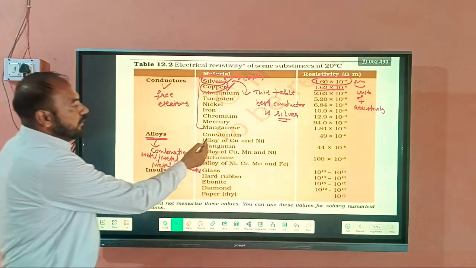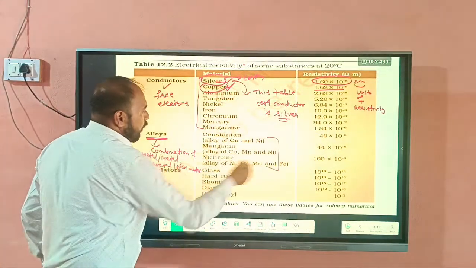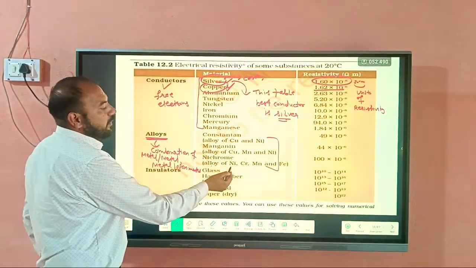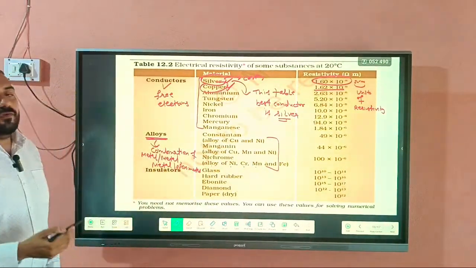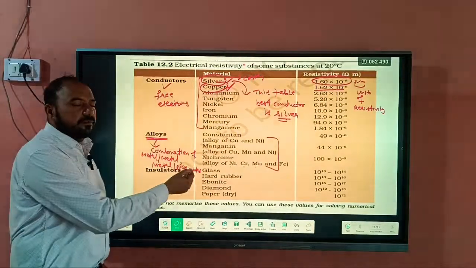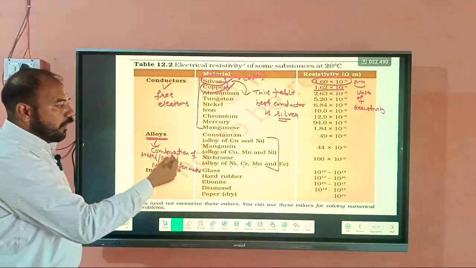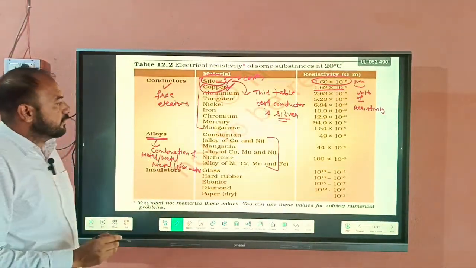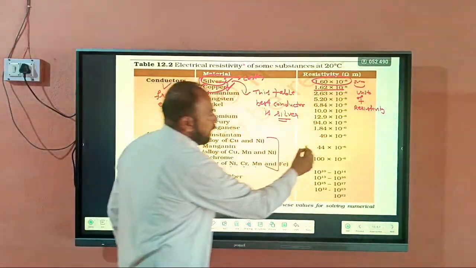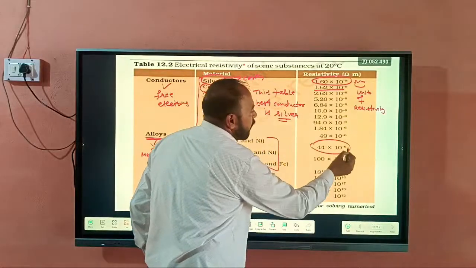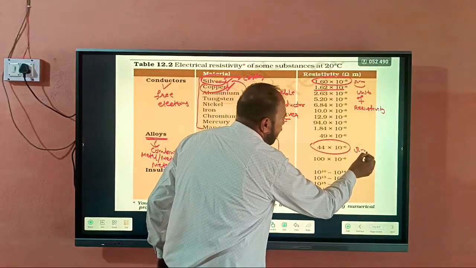These are different examples of an alloy. Nichrome is an alloy of nickel, chromium, manganese and iron. What is the advantage of an alloy? Alloys have a high melting point and high resistance as compared to metals, and they are not oxidized easily. The resistivity is 44 × 10^-6 ohm meter.